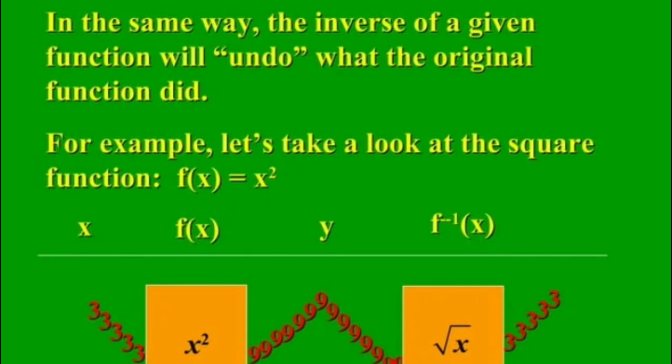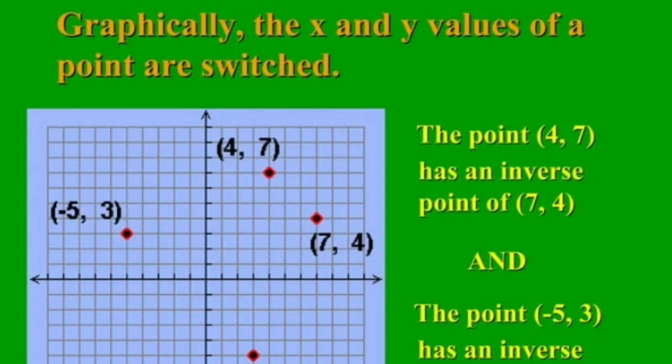For example, let's take a look at the square function f(x) equals x squared. Graphically, the x and y values of a point are switched. The point (4, 7) has an inverse point of (7, 4), and the point (-5, 3) has an inverse point as well.